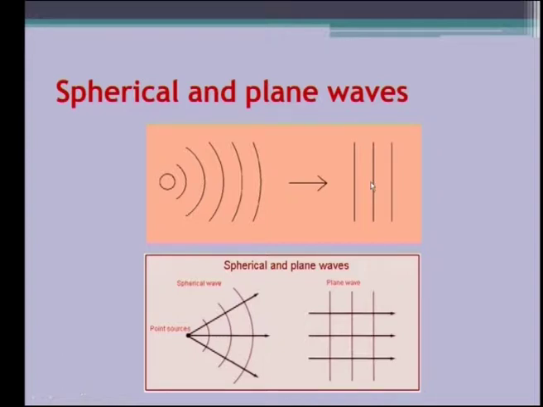So, the spherical wave and plane wave do not have much difference when the point of observation is far away from the starting point. So, a part of the spherical wave front will become a plane wave front after a long distance of travel. This is also showing the same, maybe with the direction of propagation. Here it is emanating in all directions, while the plane wave is traveling in only one direction.